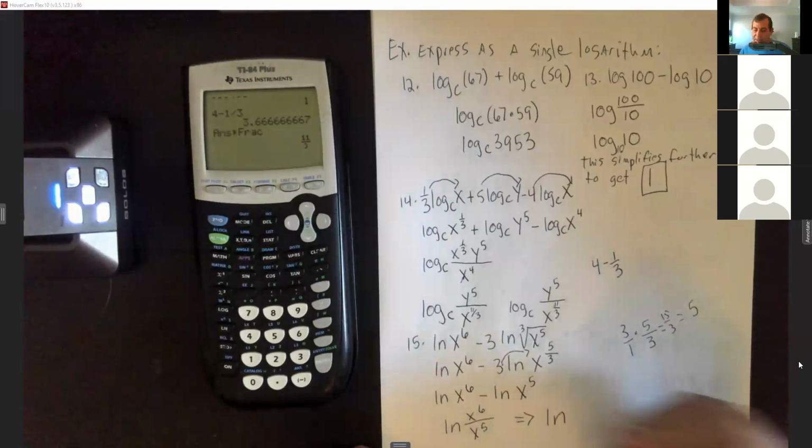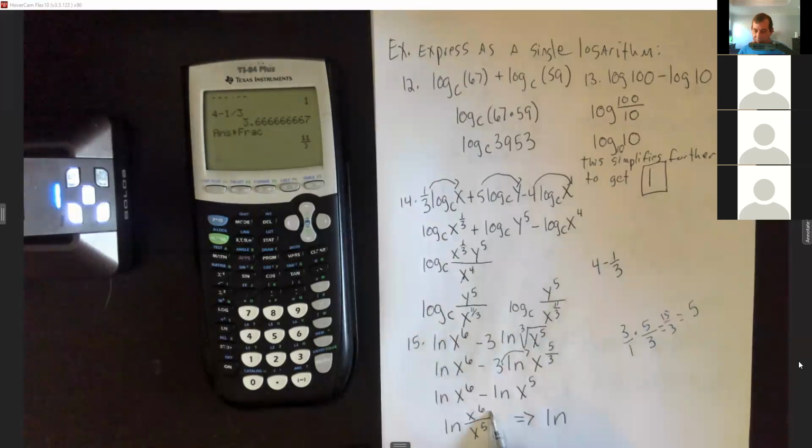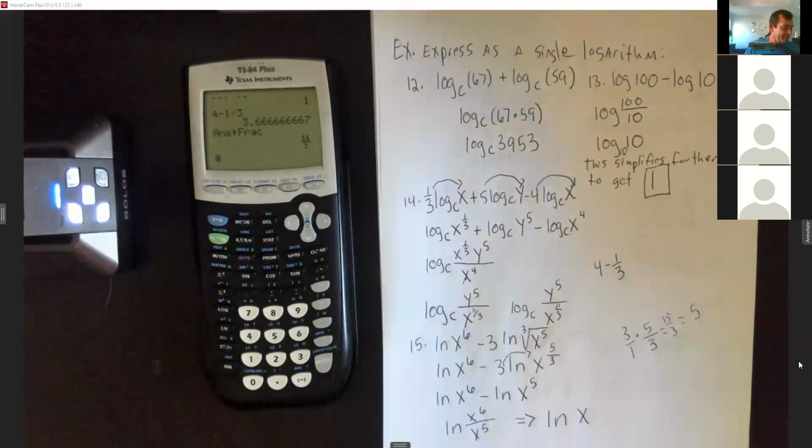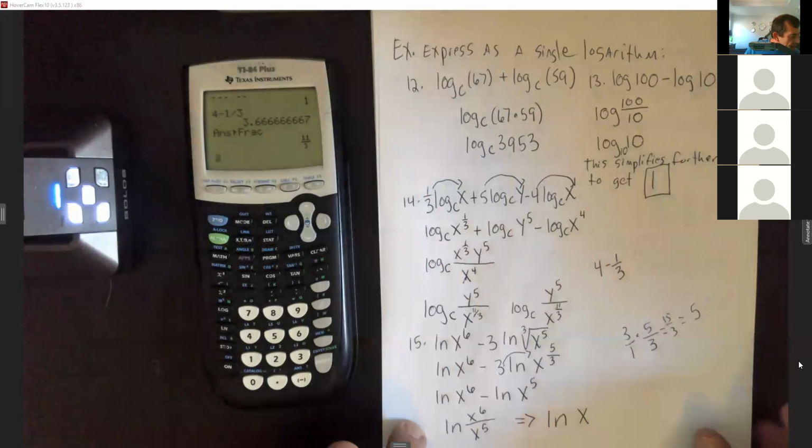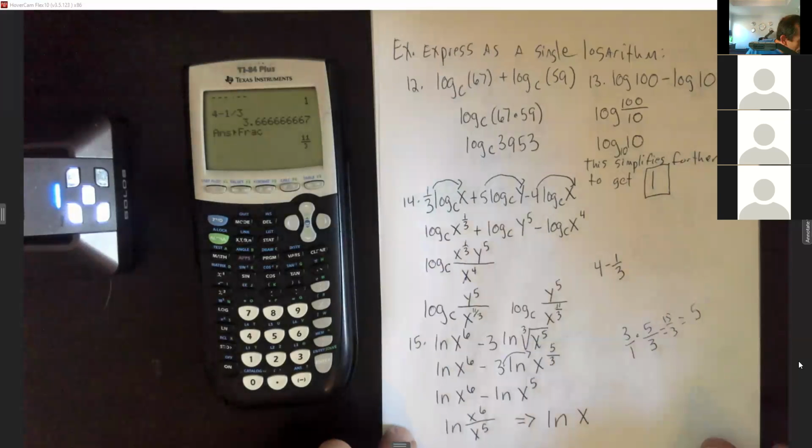So you've got an x to the 6th on top, so it's a 1. And that's just going to be an x to the 1. And there you go. So that didn't end up being bad. That number 14, the reason it's sort of tricky is just getting that answer into the MyMathLab, I think.